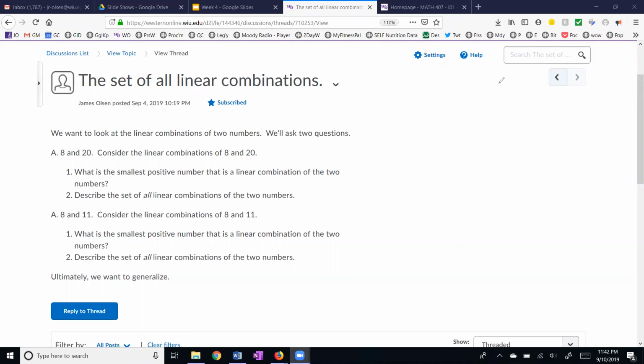For 8 and 20, the smallest positive number is 4, which is the greatest common divisor of the numbers. In fact, that's going to be a theorem that we're going to be looking at again. And the set of all linear combinations is ..., -8, -4, 0, 4, 8, 12, ..., the multiples of my greatest common divisor.